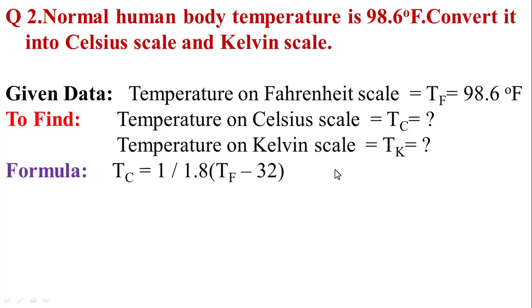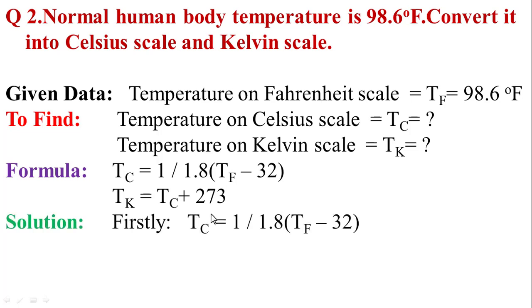Now we use the formula: temperature in Celsius scale is equal to 1 upon 1.8 into temperature in Fahrenheit minus 32, and temperature in Kelvin scale is equal to temperature in Celsius scale plus 273.